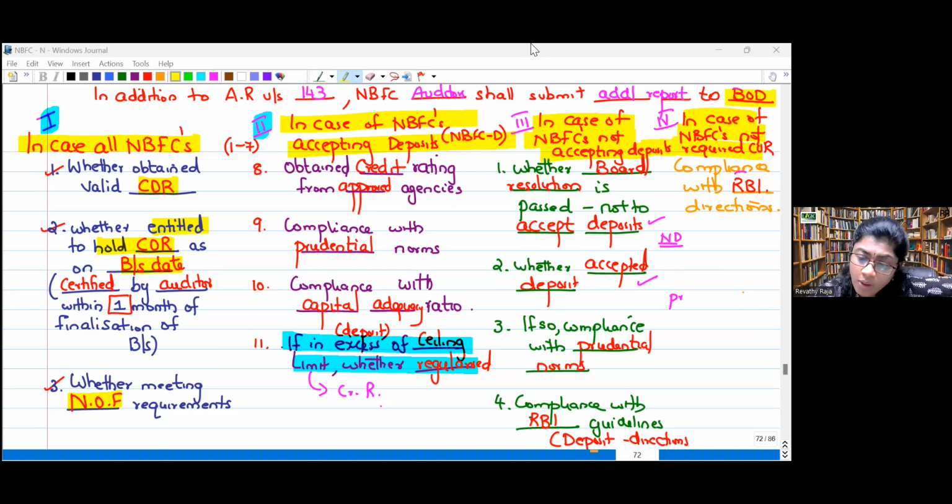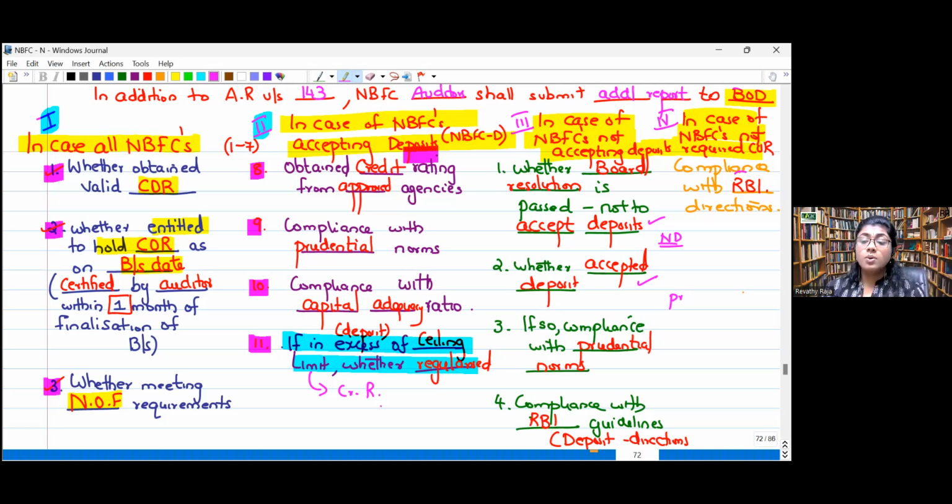In case of all NBFCs, what you have to say? Whether obtained COR, and if so, entitled to hold NOF. Now, in case of NBFC D, deposit accepting NBFCs, all the 7 points in the procedure plus credit rating obtained, prudential norm, capital adequacy, if deposits are more than the limit which they have accepted, regularize.